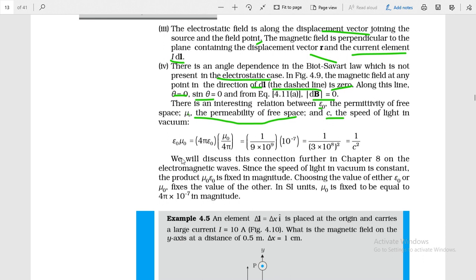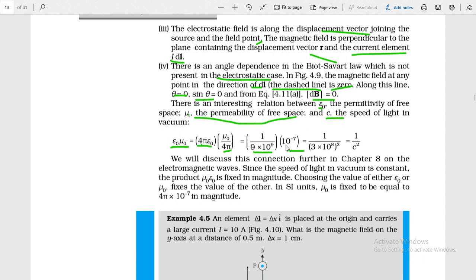If you multiply epsilon naught and mu naught together, you can write 4 pi epsilon naught, because we know the value of 1 upon 4 pi epsilon naught is 9 into 10 to the power 9. Similarly you can divide by 4 pi, so you can put the value of 4 pi epsilon naught as 1 by 9 into 10 to the power 9, and the value of mu naught upon 4 pi is 10 to the power minus 7.